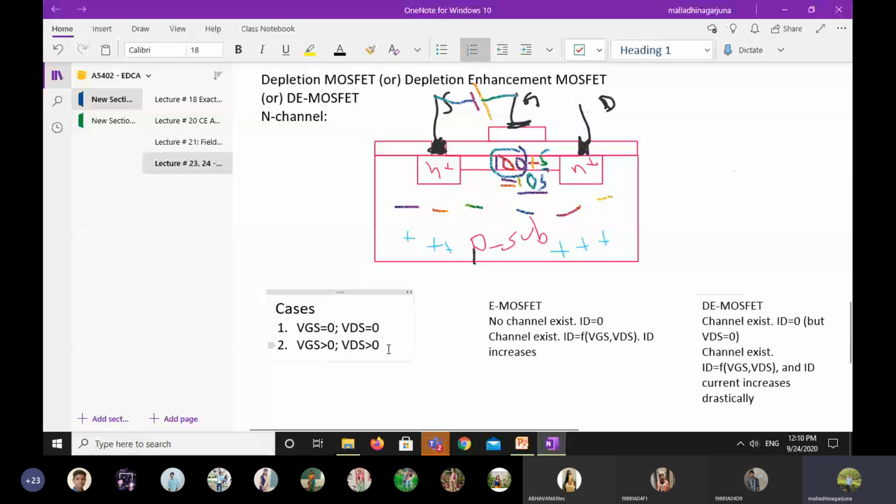If VGS less than 0, VDS greater than 0, what happened?